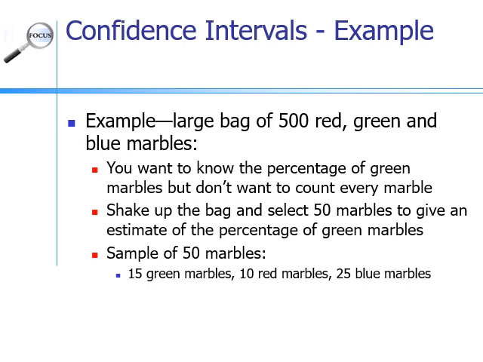What is practical is to select a sample and have an estimate from that sample. How will you do that? You can shake up the bag and randomly select 50 marbles. Of the 50 marbles, you count how many greens, reds, and blues. In that example, there were 15 greens, 10 reds, and 25 blues.